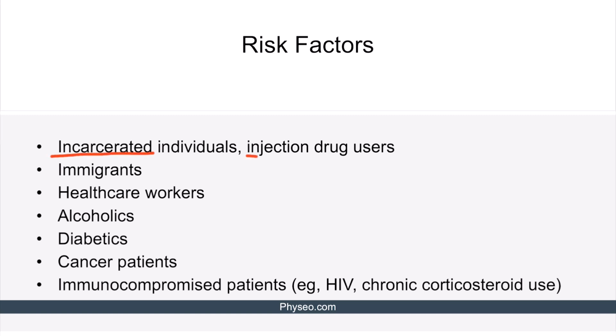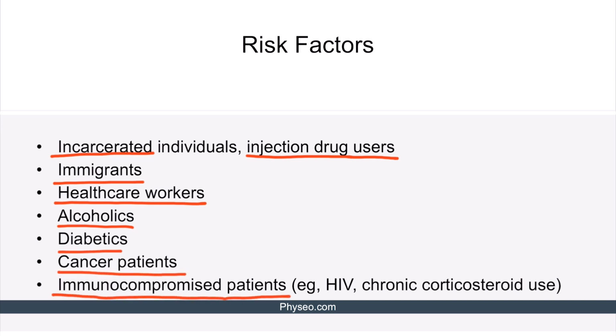Incarcerated individuals, injection drug users, immigrants, and healthcare workers are all at a higher risk of being in close proximity to patients with active pulmonary TB. Alcoholics, diabetics, cancer patients, and otherwise immunocompromised patients, such as those with HIV or chronic corticosteroid use, all have weakened immune systems, making it more difficult for the immune system to subdue the pathogen and keep it dormant.